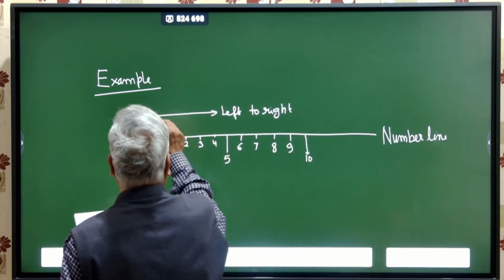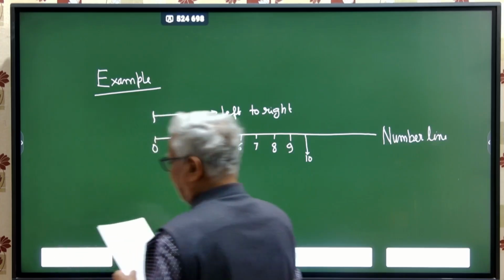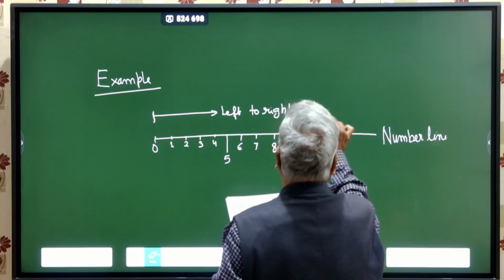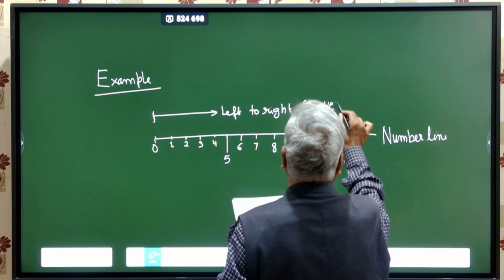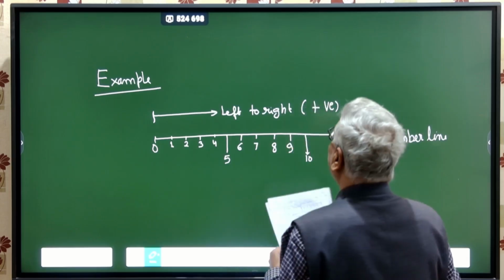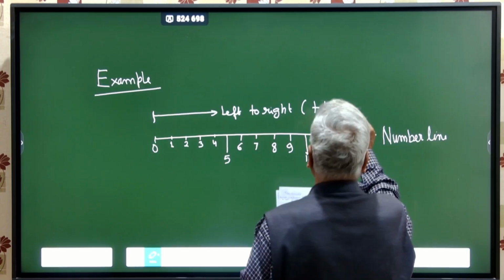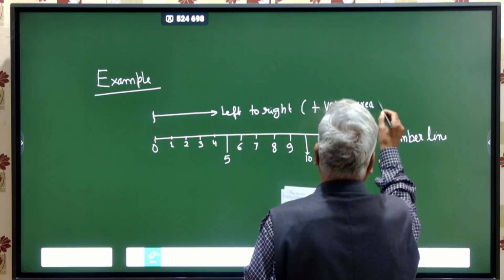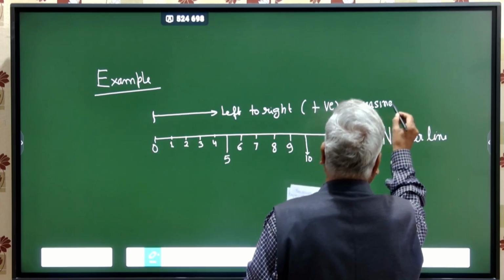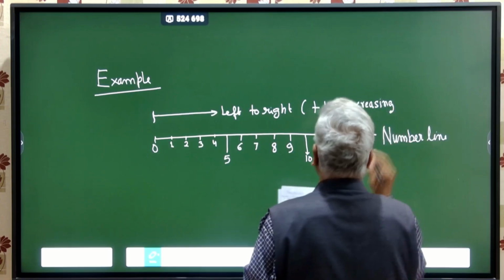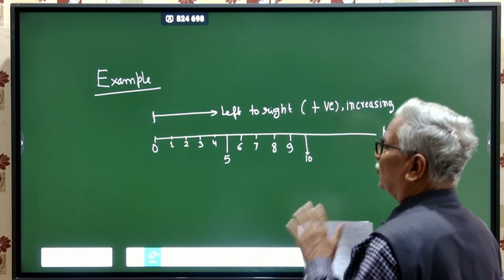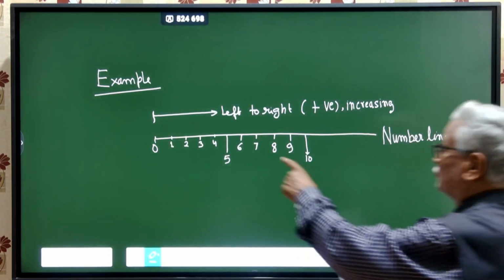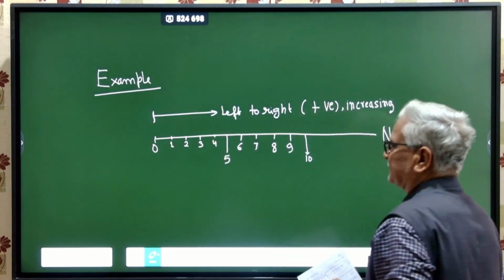If you are moving from this to this, it is positive. Positive is also written as this. Positive means increasing. This is very, very important when you are going to use number line sum and minus. So, this concept is very, very important.